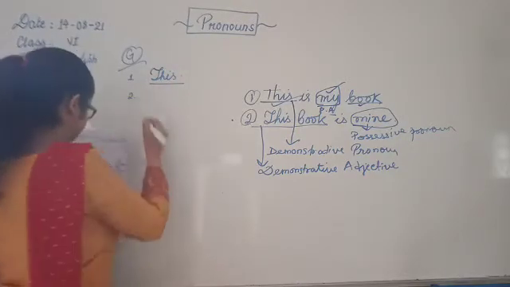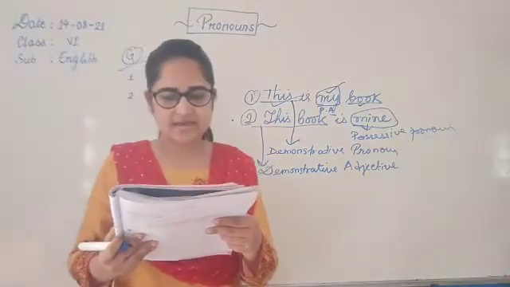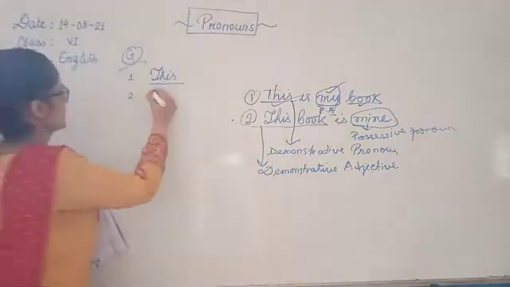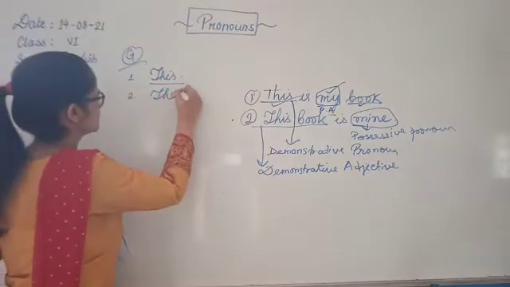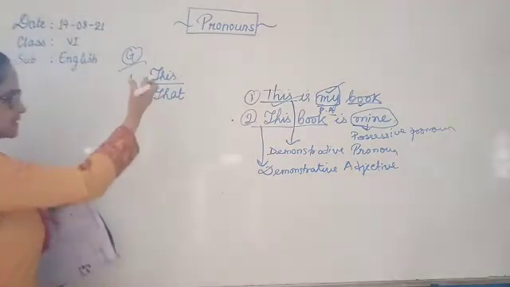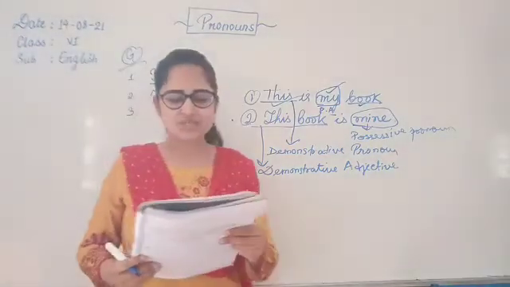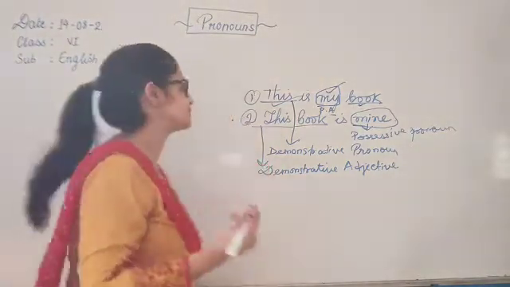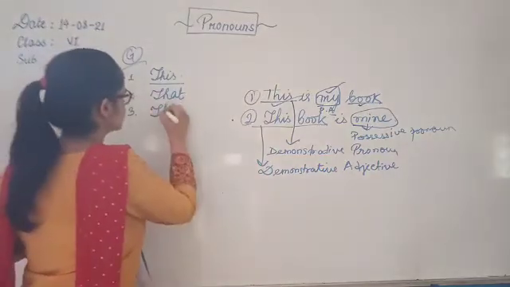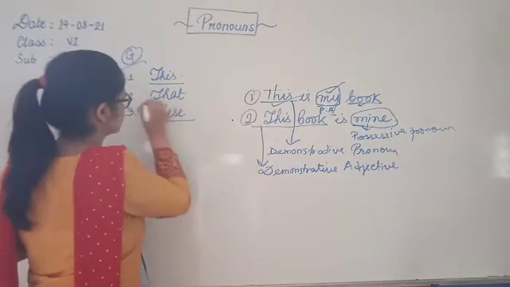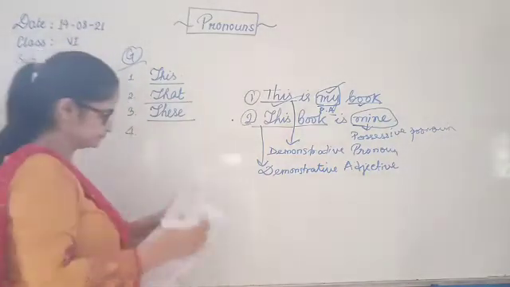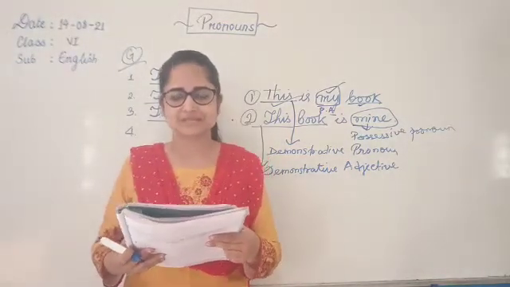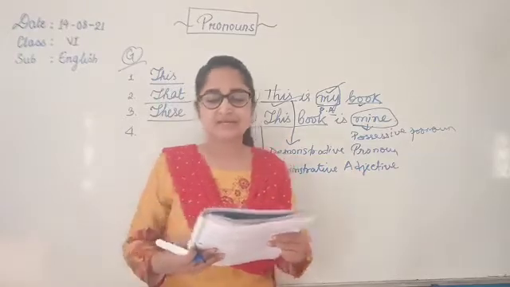Number 2, dash is the painting I bought yesterday. That is the painting I bought yesterday. Or this, you can use either this or that with singular. Dash are all excuses. These, because in plural, children, you have to use these or those. So these are all excuses. Number 4, dash was my friend who came from London last week. Okay, that was my friend.